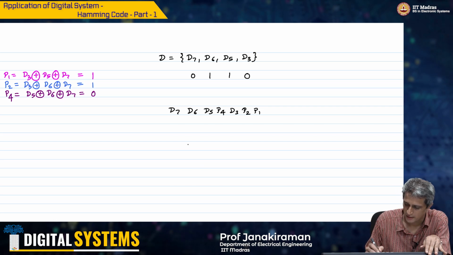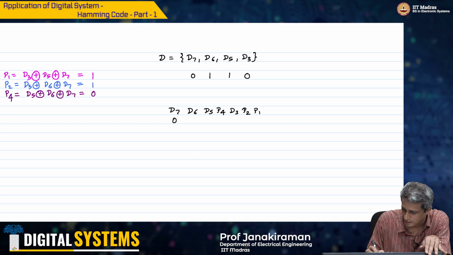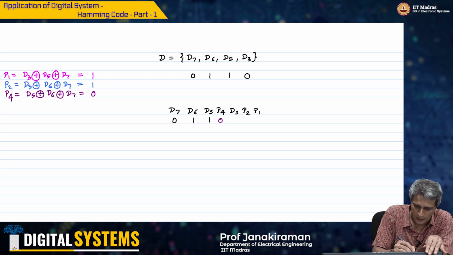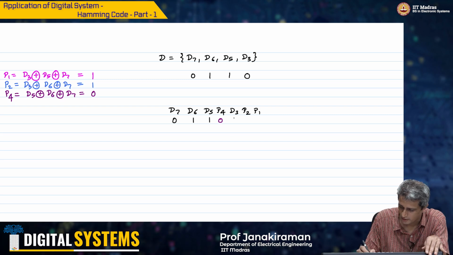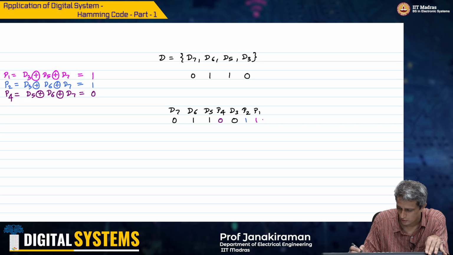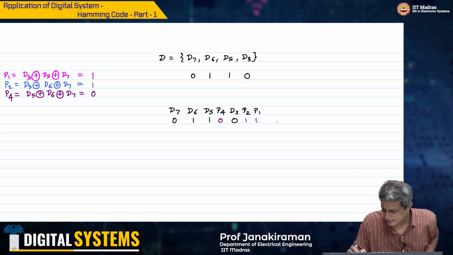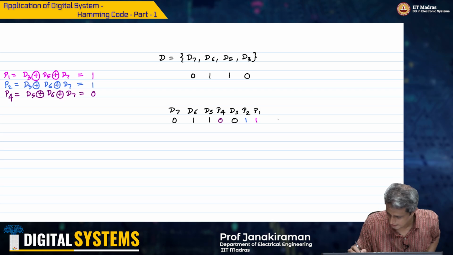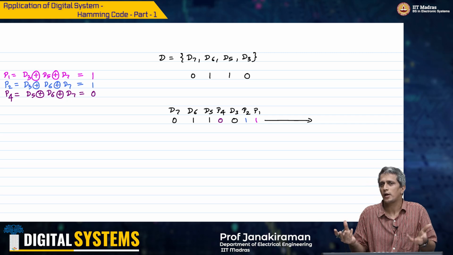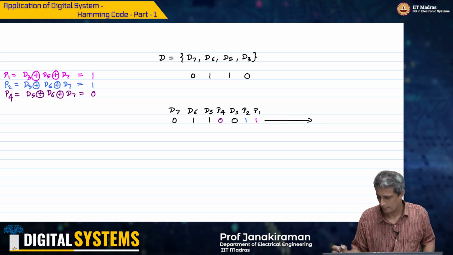So I will be sending the information in the following manner: 0, 1, 1, then I put P4, 0, then I come back to D3, 0, and then P2 is 1 and P1 is also a 1. These 7 bits get sent across the channel, and noise is going to corrupt at most 1 bit in them.